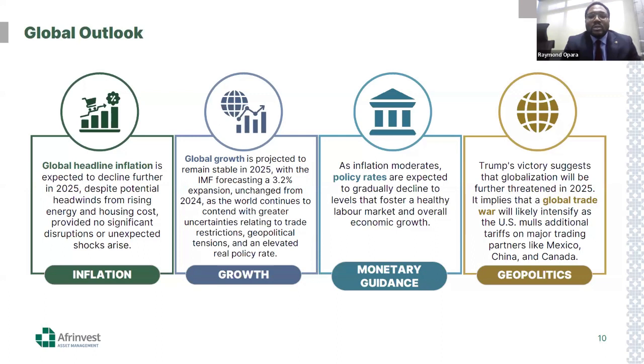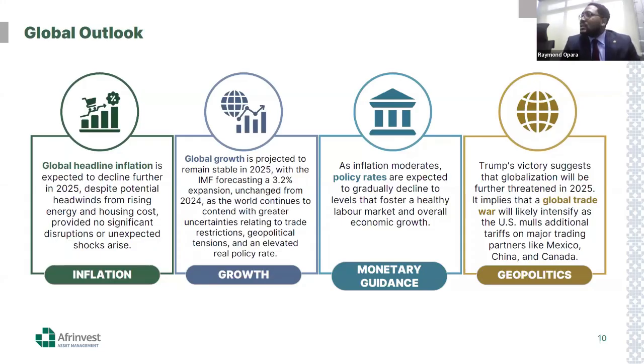And then on global growth, the recession obsession is slightly fading, and global growth is projected to remain stable in 2025, with the IMF forecasting a 3.2% expansion, unchanged from 2024, and the world will continue to contend with greater uncertainties in line with global trade and geopolitical tensions, which are the major risks.